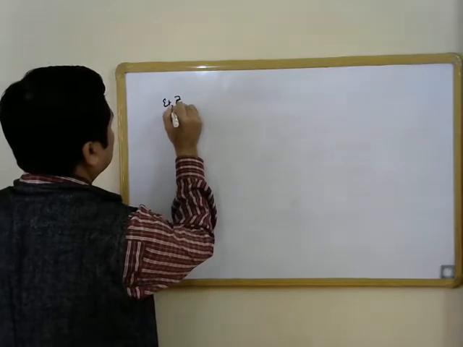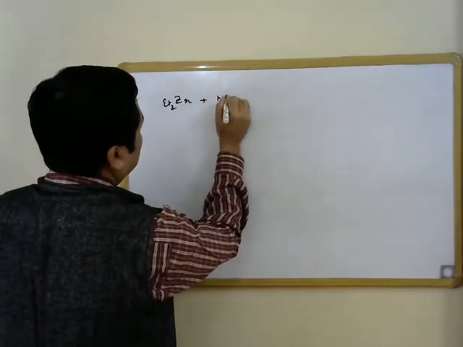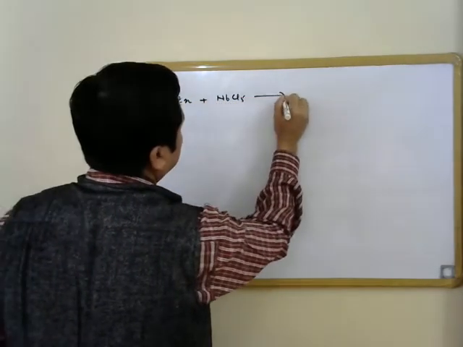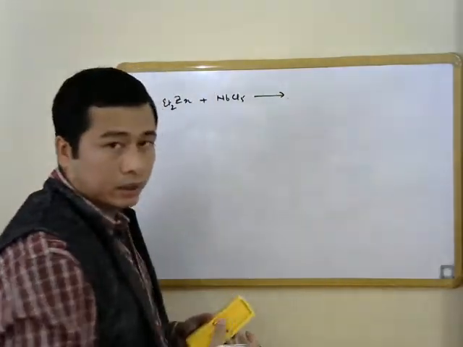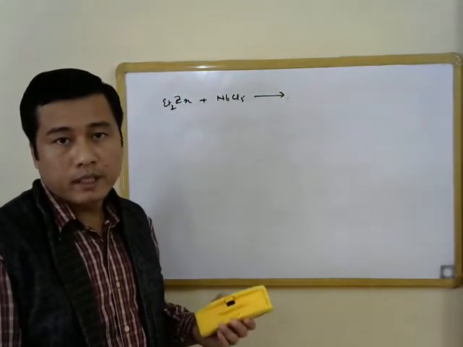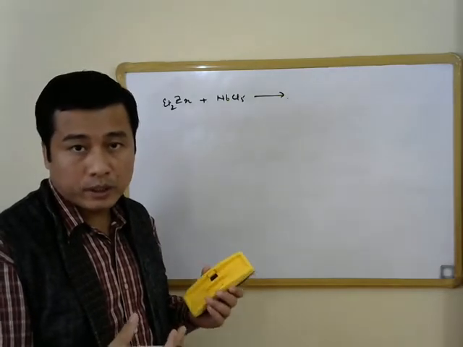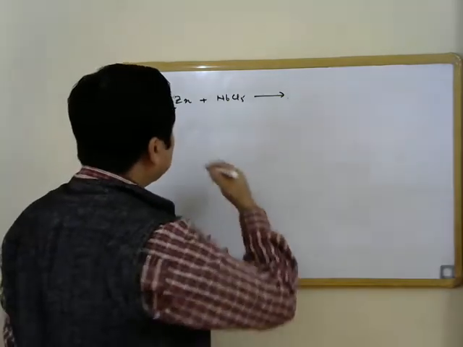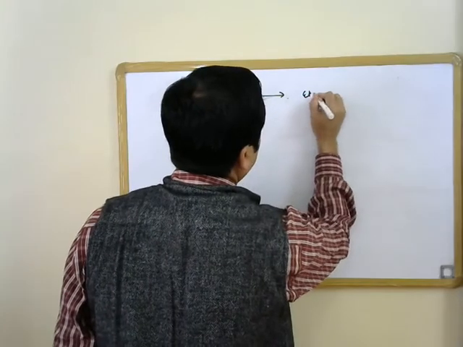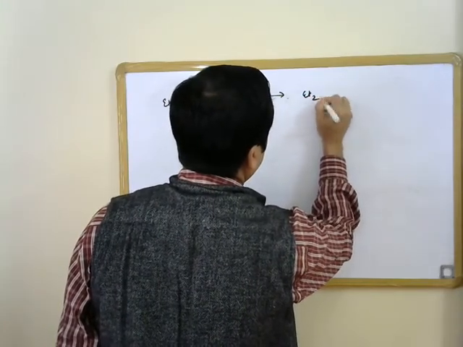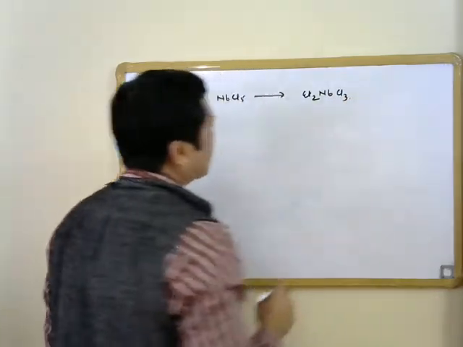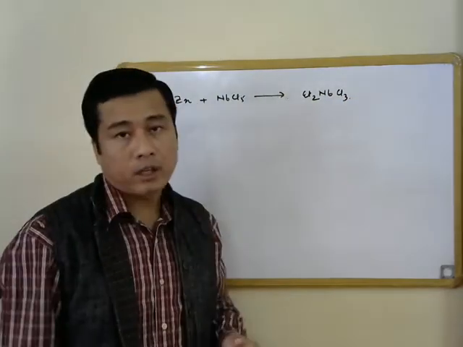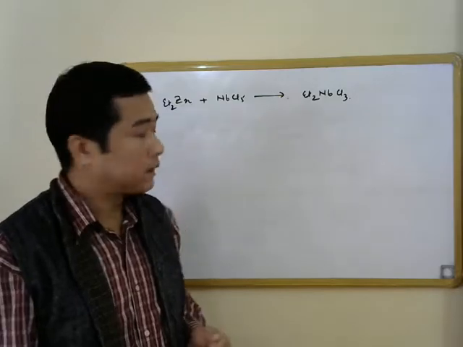So if we take diethyl zinc and react it with NbCl5, we can now control the reaction, unlike what we can do when we use organolithium or organomagnesium reagents. Herein one can substitute only two of the Cl ligands to get diethyl niobium trichloride as the product in this case.